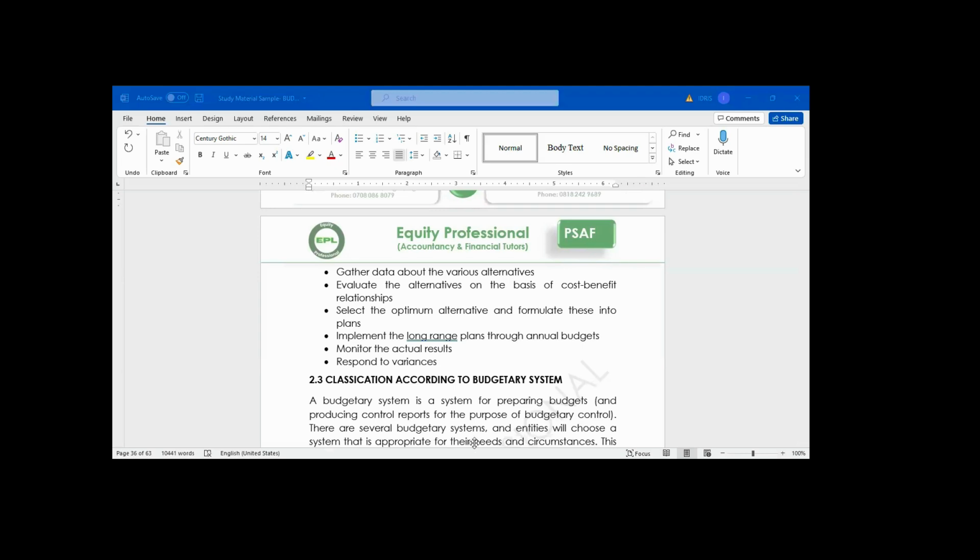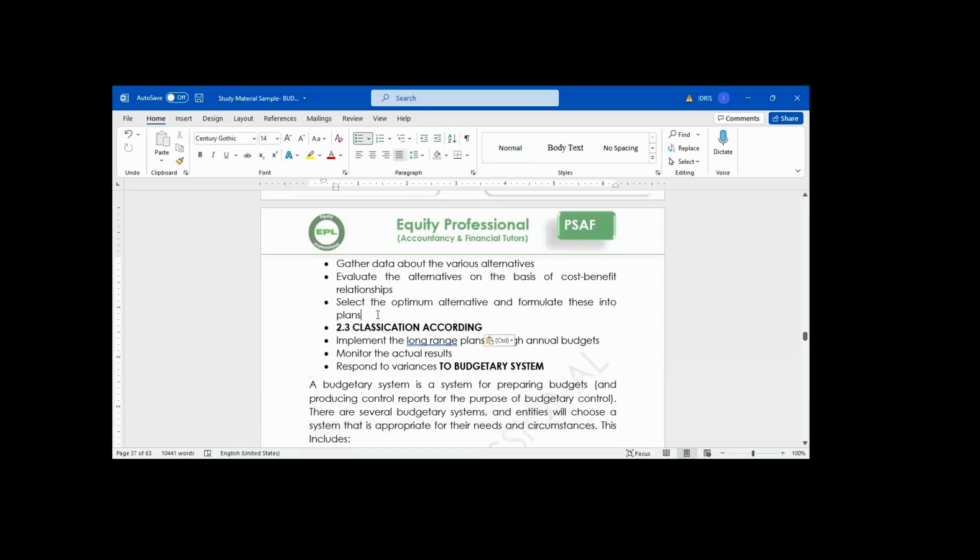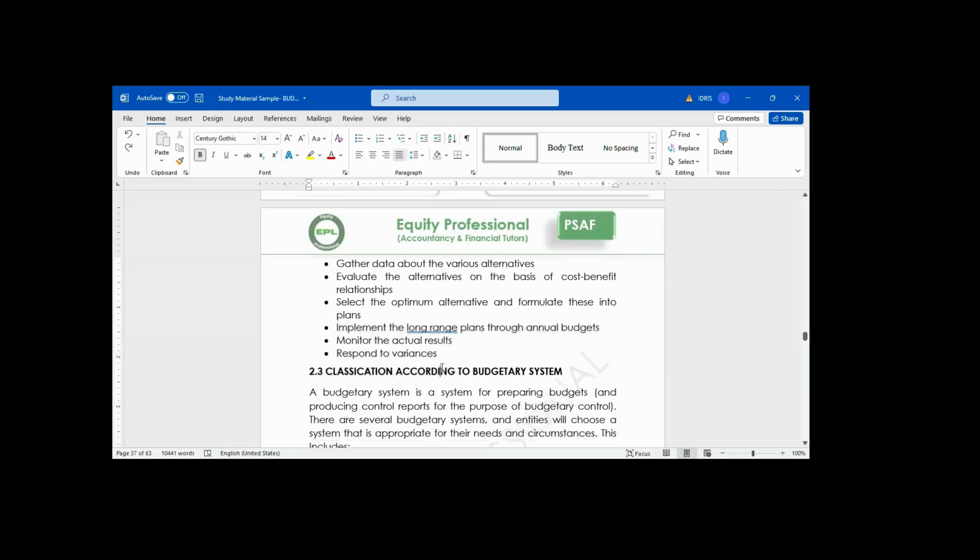Once you have done your formulation of plan, another thing you need to do is implement the plan.